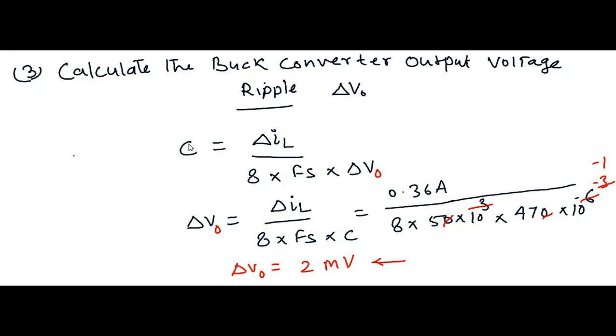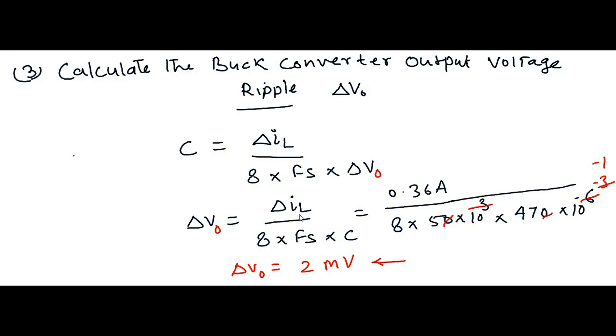You know that the capacitance value C equals delta IL, the inductor ripple current, divided by 8 times Fs times delta V naught, and I want to calculate the value of delta V naught, that is the output voltage ripple. So the output voltage ripple delta V naught is going to be delta IL divided by 8 into Fs into C.